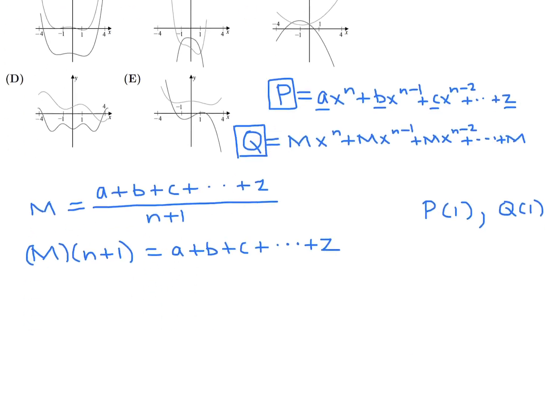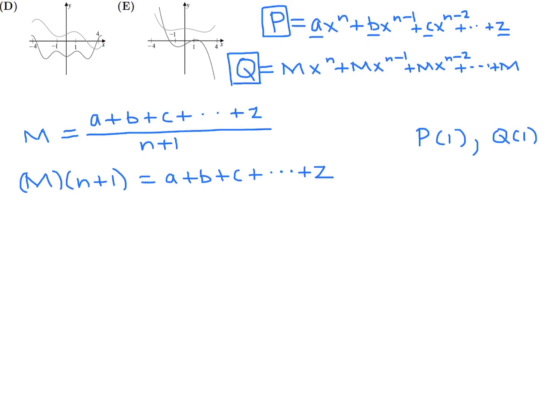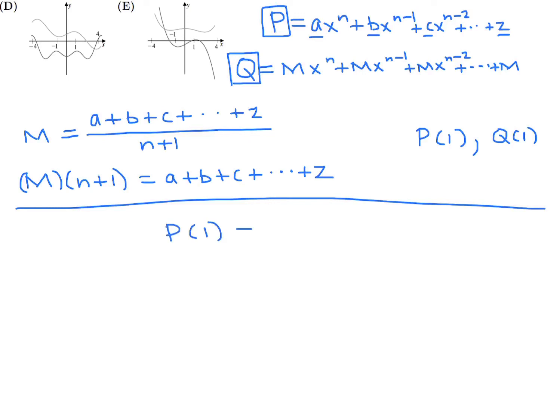Now let's look at p at 1. Why did I choose that? What's special about 1? Because if x is 1, all the x's essentially disappear. Watch what happens. p at 1 becomes a times 1 to the power of n plus b times 1 to the power of n minus 1 plus c times 1 to the power of n minus 2 plus ... all the way to z.